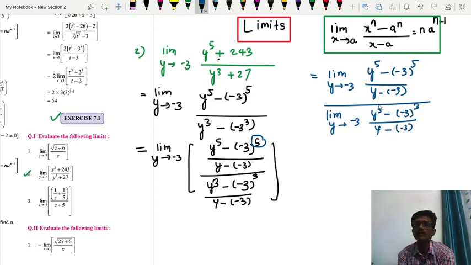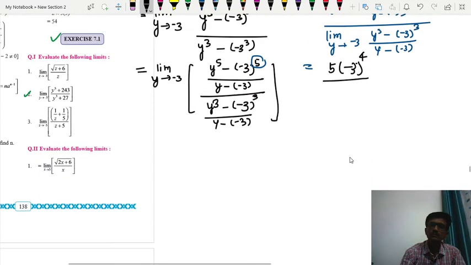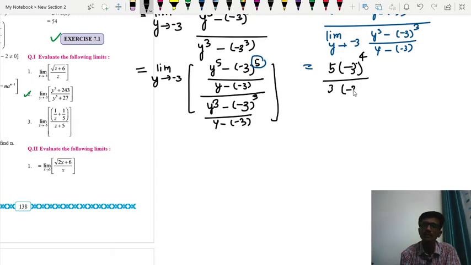This limit will be equal to, here n is equal to 5, so it is 5 into a, which is minus 3, raised to power 5 minus 1, that is 4, n a raised to power n minus 1, upon, here n is 3, so it is 3 into minus 3 raised to power 3 minus 1, that is 2.